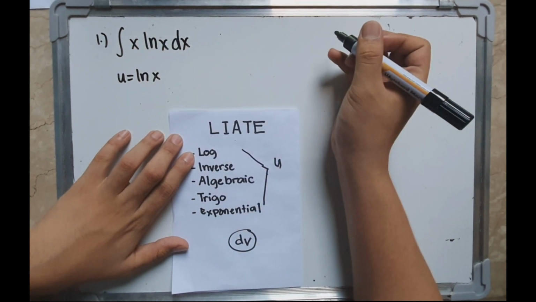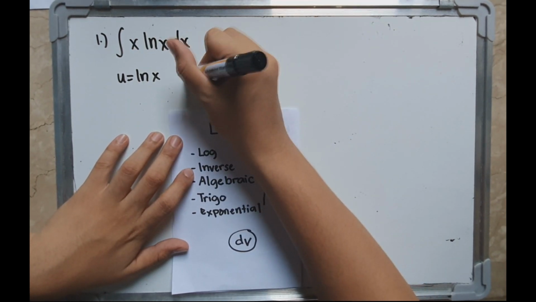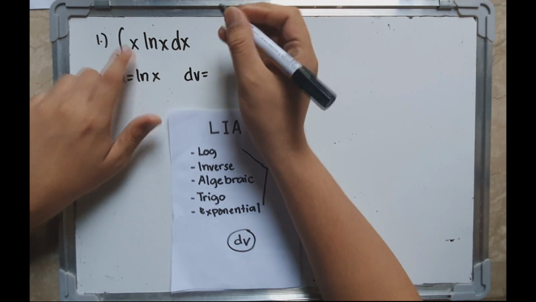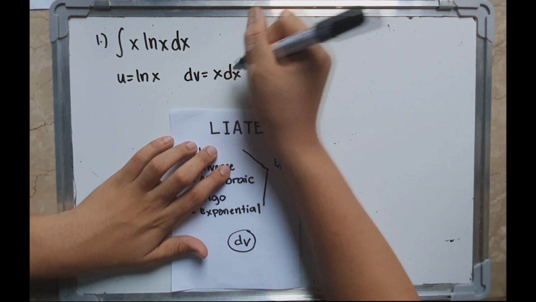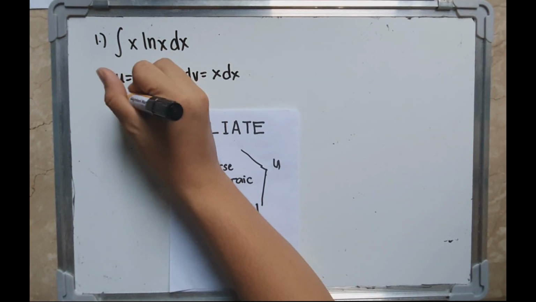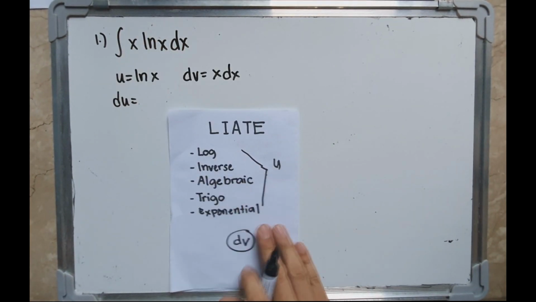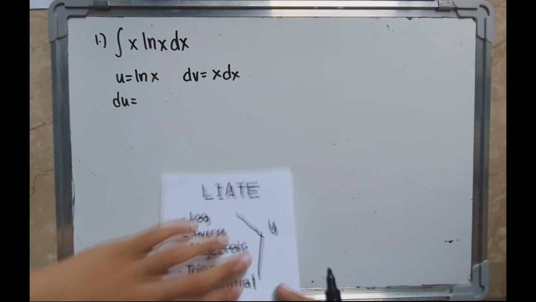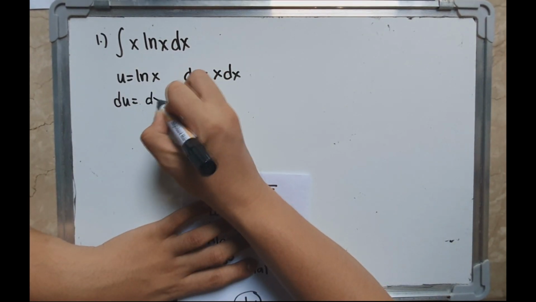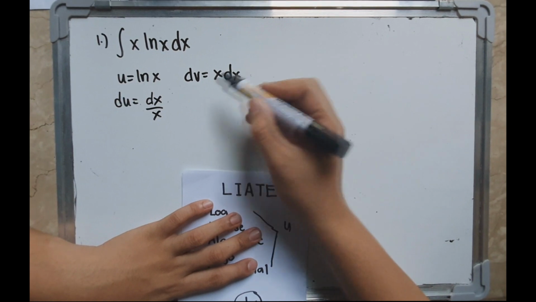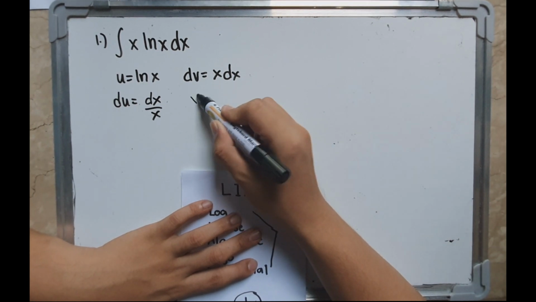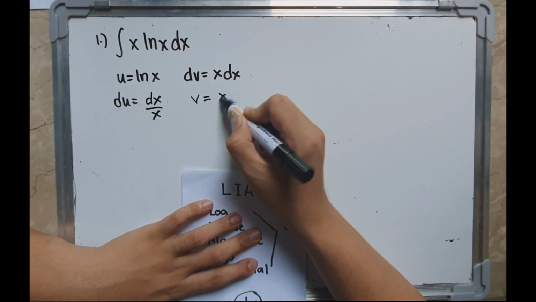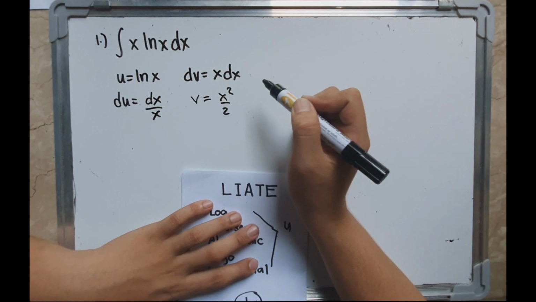The dv will be x dx. The derivative of u, the derivative of ln x, is dx over x. The integral of dv, which is x dx, will become x squared over 2, by the power rule.